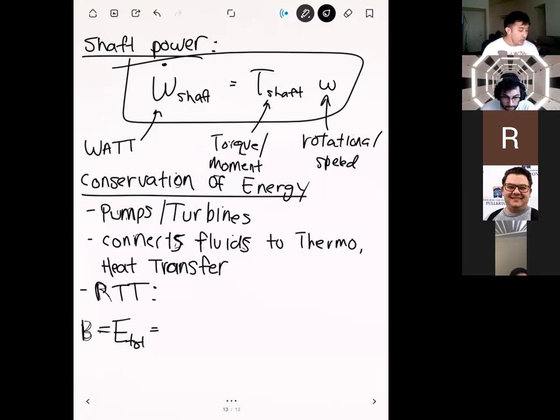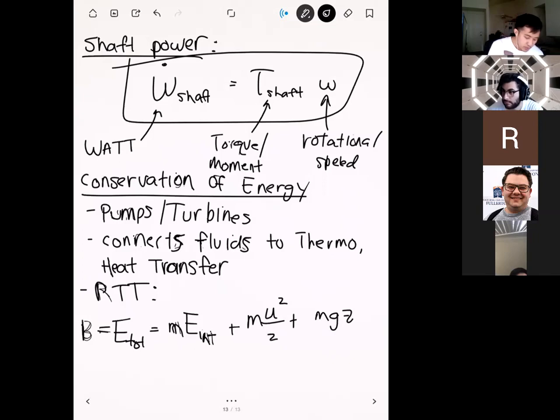Our total energy here is actually going to be made up of three different terms. It's going to be a little bit different than our previous RTT examples where big B was just one thing. Now big B is equal to three things. First, we have the internal energy, so mass times internal energy. Plus, we have our kinetic energy term, which is mass times velocity squared over 2.